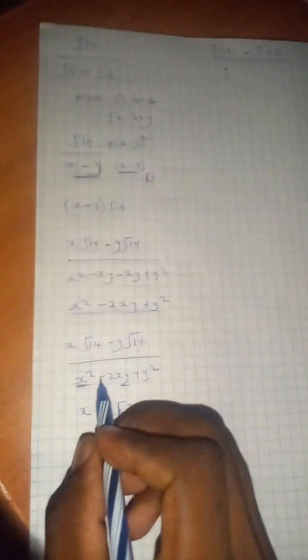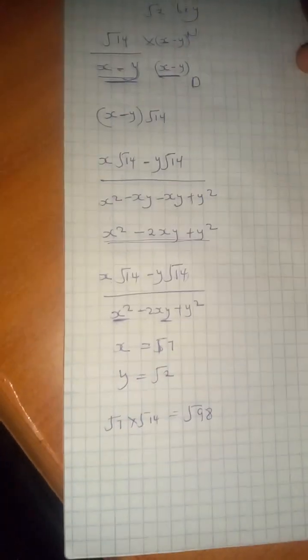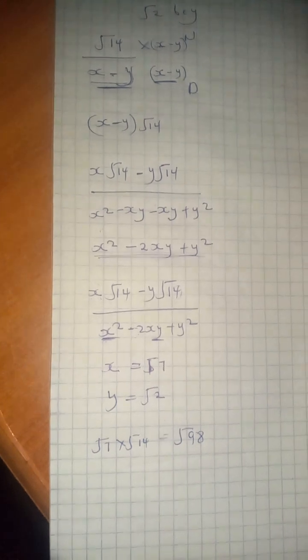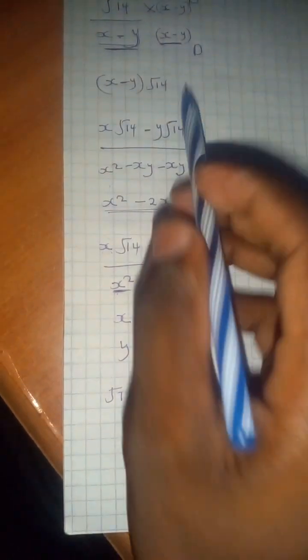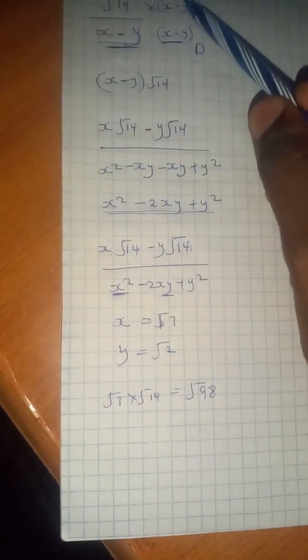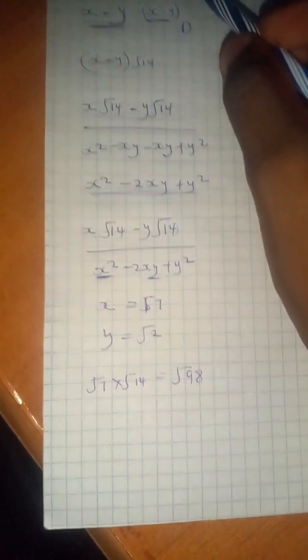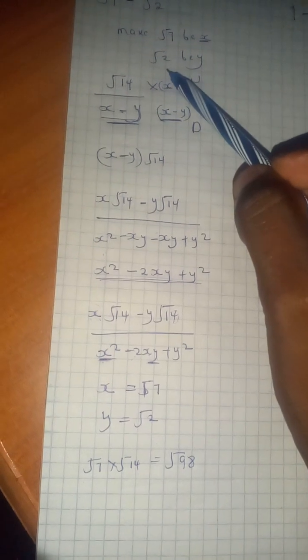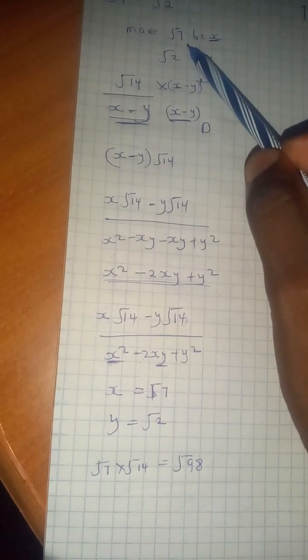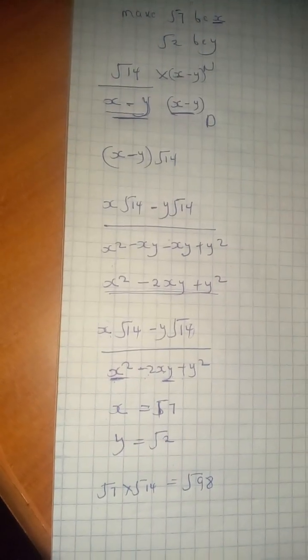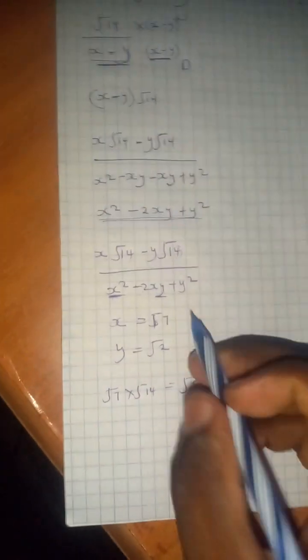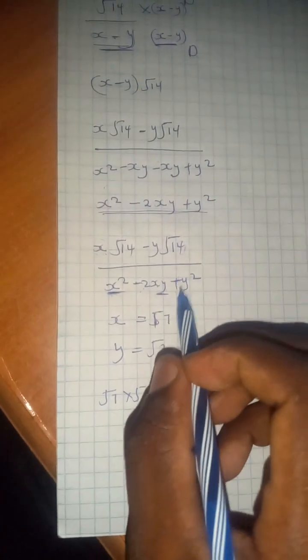Then minus 2 into xy. xy is root of 7 multiplied by root of 2, which will be root of 14. So minus 2 root of 14, then plus y squared.